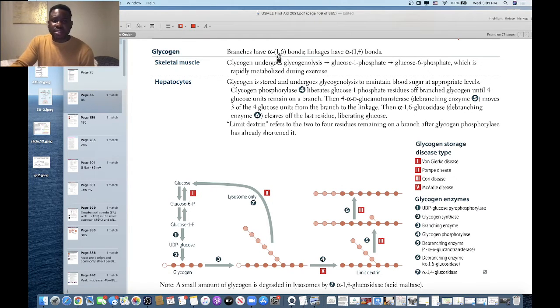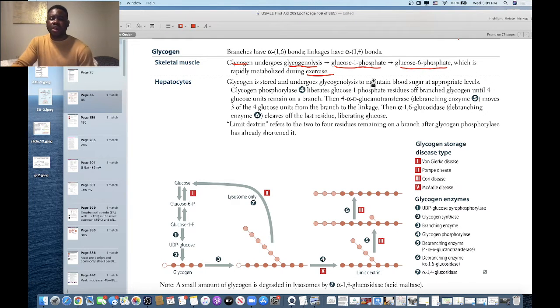So glycogen has the alpha 1,6 bonds, which are the branching bonds, and also the alpha 1,4 bonds, which are the straight bonds. In skeletal muscles, glycogen undergoes glycogenolysis, that's breakdown of glycogen, and that leads to glucose 1-phosphate, and then glucose 6-phosphate, right, which is rapidly metabolized during exercise.